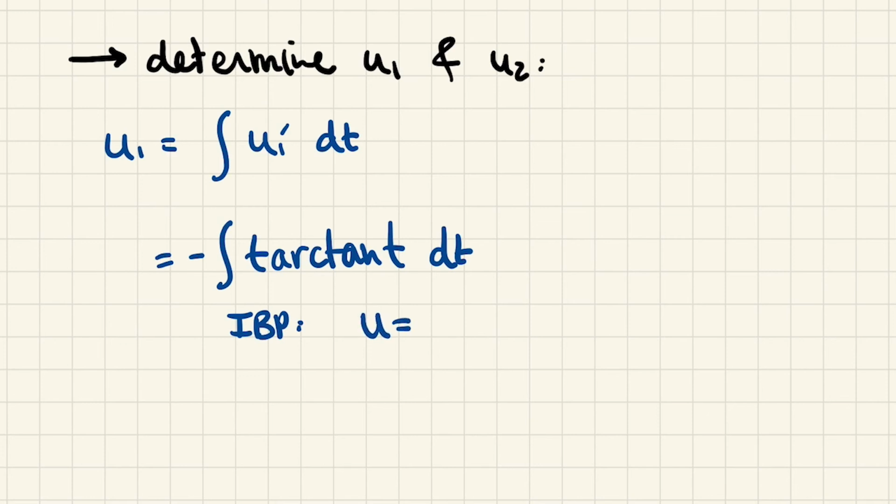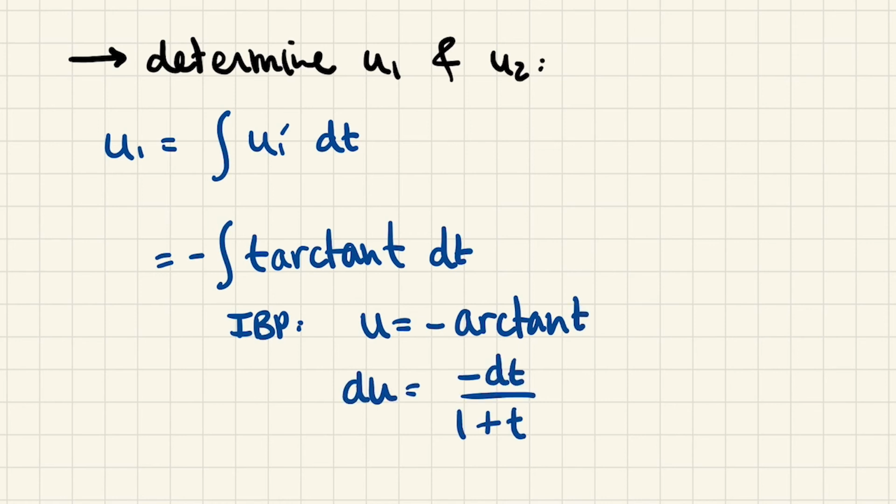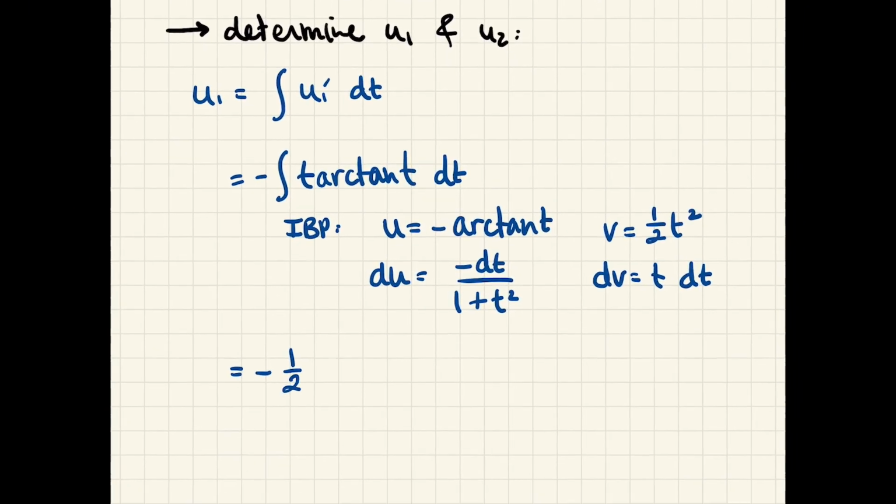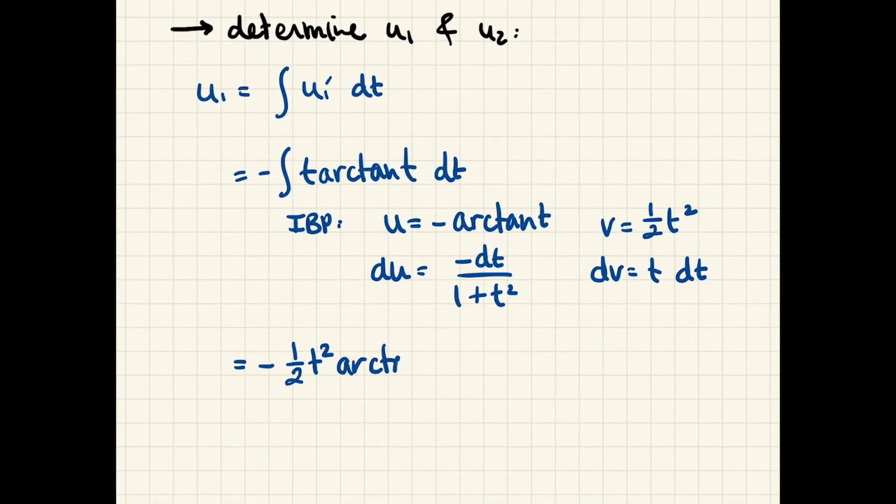Let's let u be negative arctangent of t. So this is u times v, that's negative 1/2 t squared arctan of t, and then minus, which will be a plus, 1/2 times the integral of t squared over 1 plus t squared.